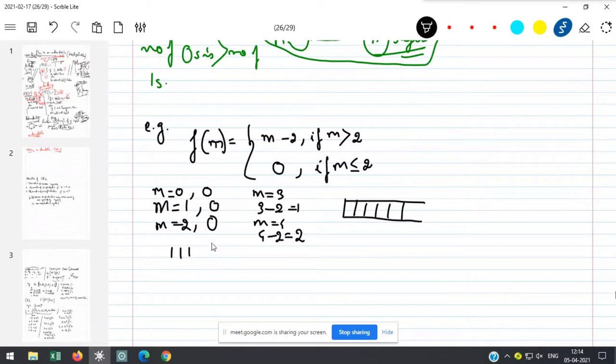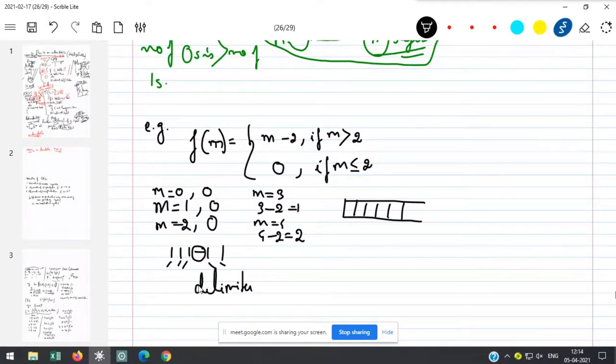Now, if I consider m is equal to 3, then we are going to perform subtraction like this. 1, 2, 3 will be counted as 1, 2, 3. Then from that 3, subtract this 1, 2. Now, how do we represent this? From today onwards, we are going to use one symbol which is known as a delimiter.